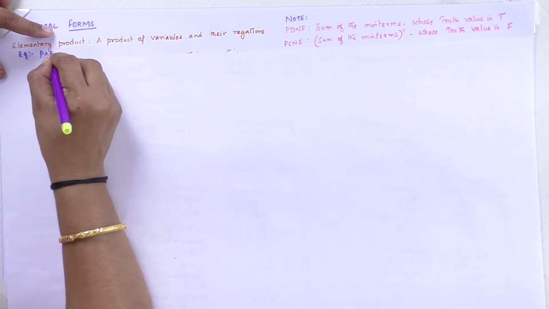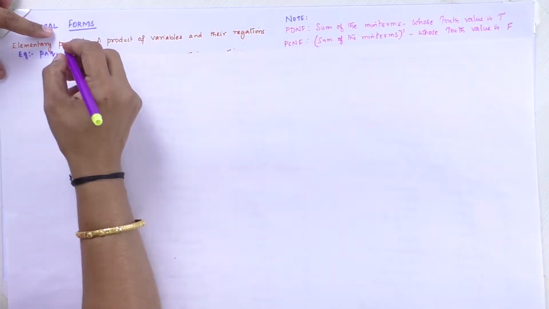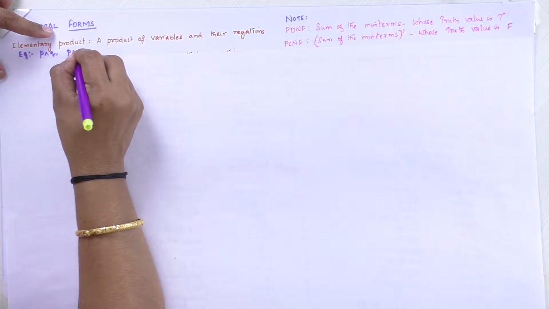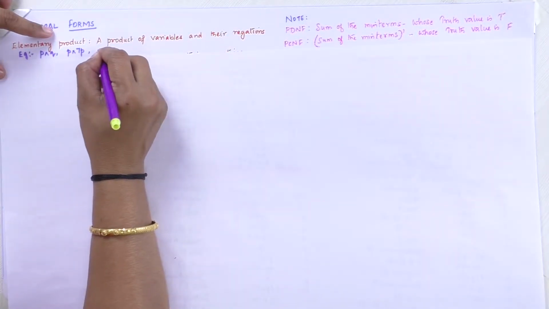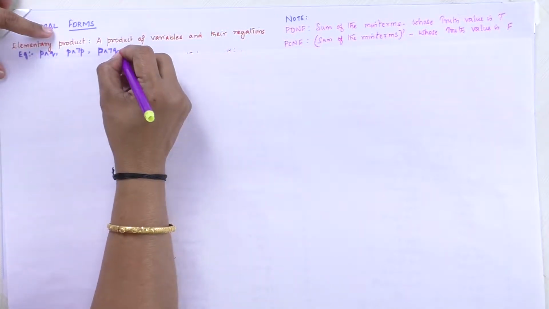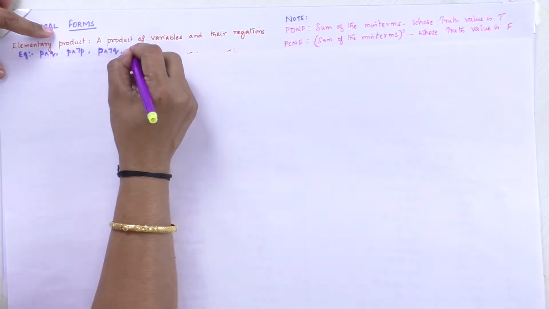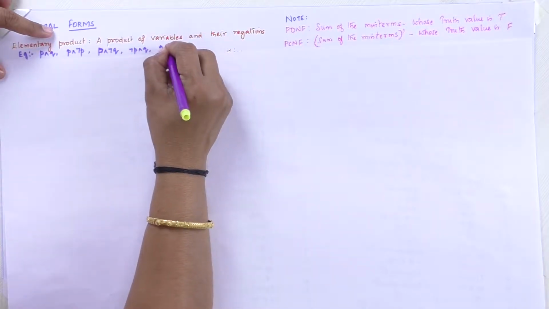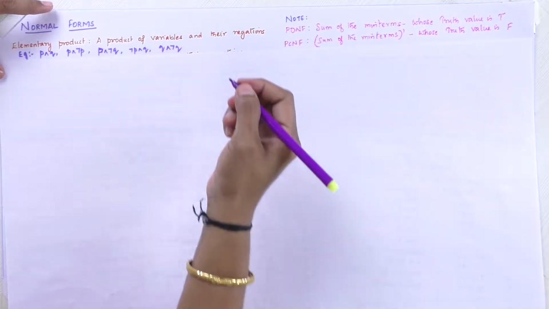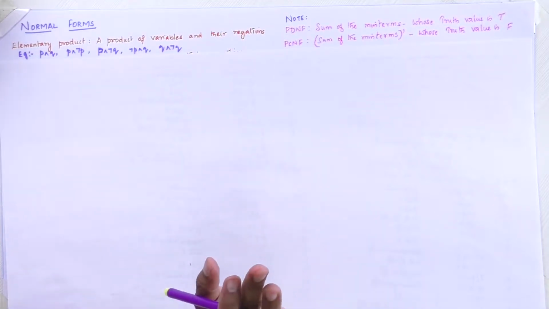So I may have it as P and Q. Along with the negation also I can have it: P and negation P, P and negation Q, or even negation P and Q, nothing wrong. Or even Q and negation Q. Fine. So these are the examples of elementary product.